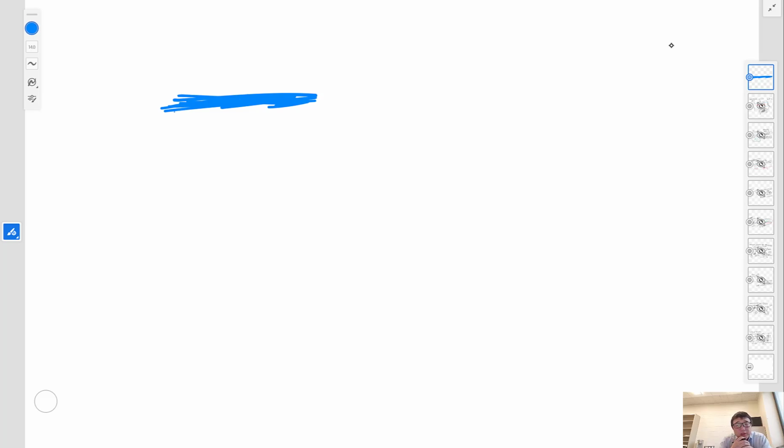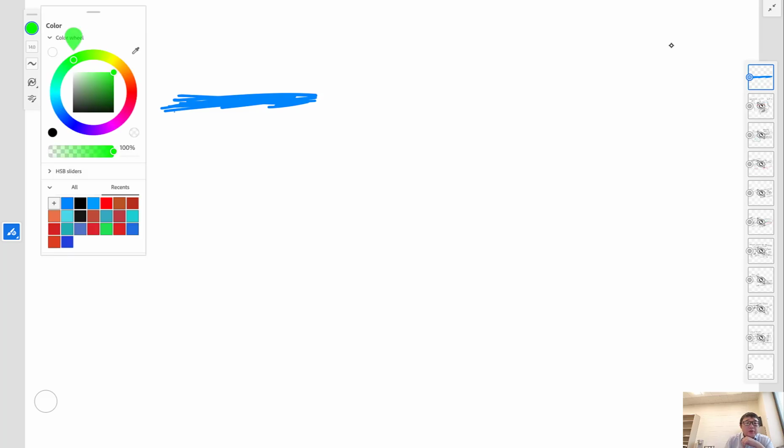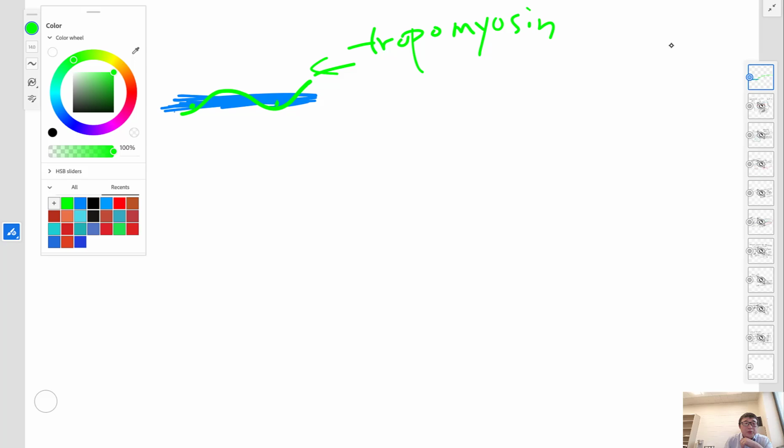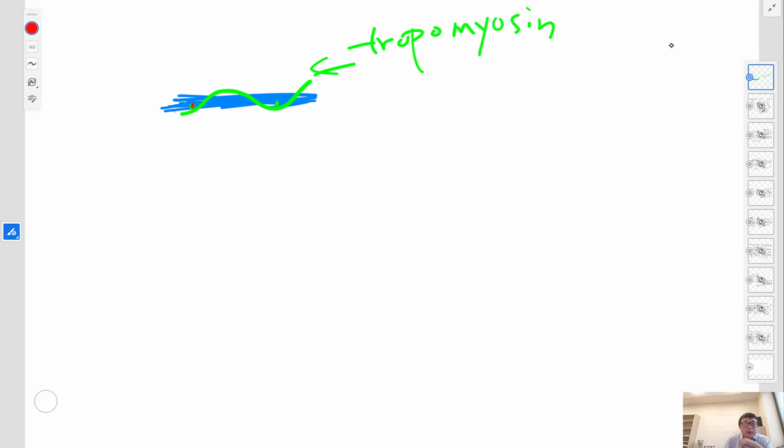What's preventing the binding is that this actin binding site, let me use some red color, is blocked by tropomyosin.